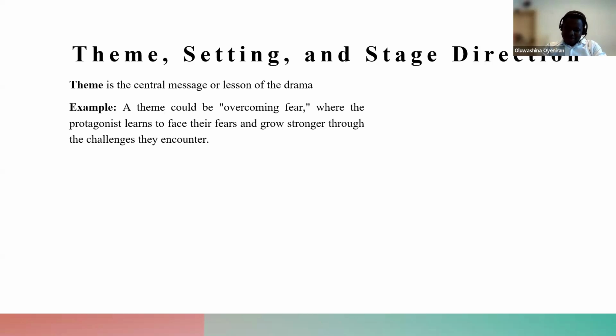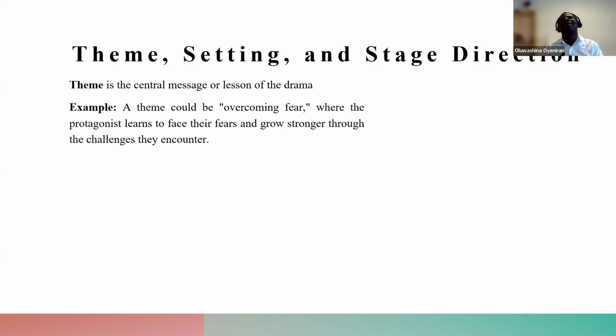Take for instance, you might have a script that has to do with people in Europe. If you are portraying that kind of story, you have to ask how Europe looks and what they do in Europe. We have to put all those attributes of that particular geographical location into place to show that this is Europe.